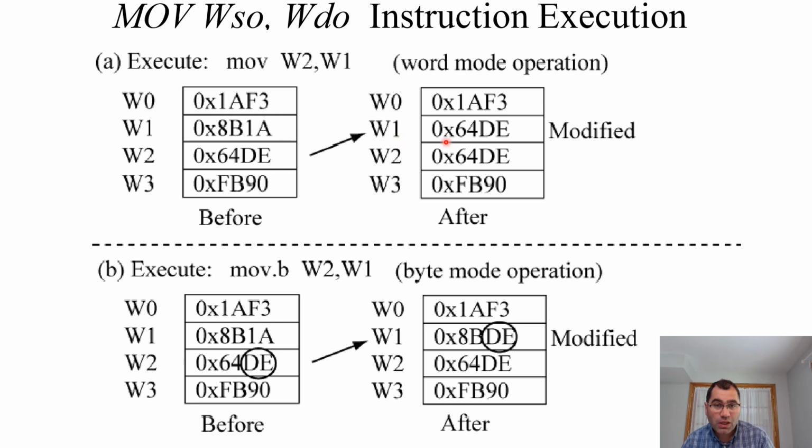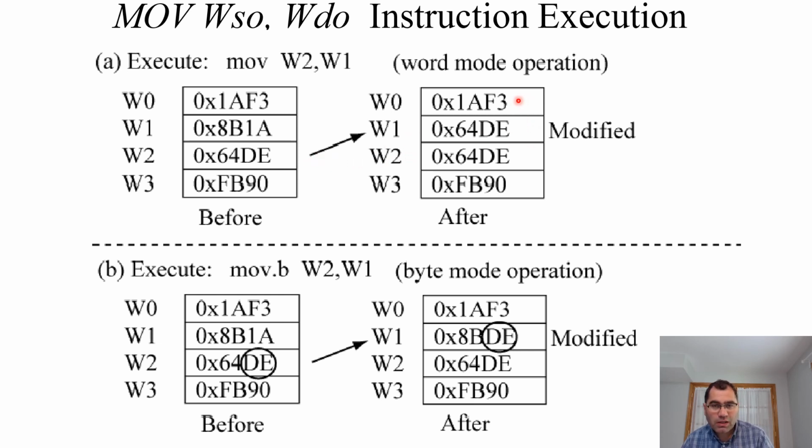We had this value in W1 before, so we just copied the content of W2 and put it in here. The previous content is gone, and the new content is copied from W2.